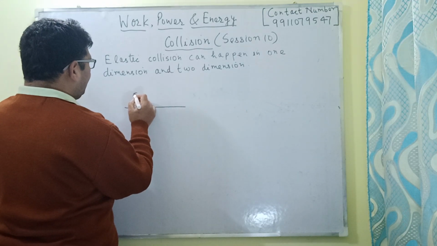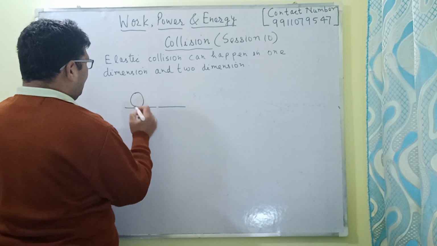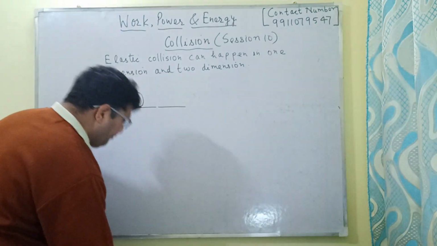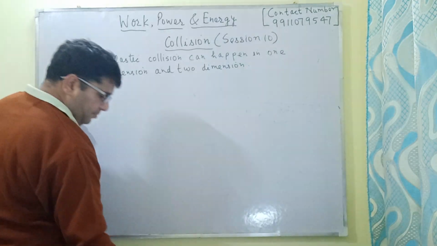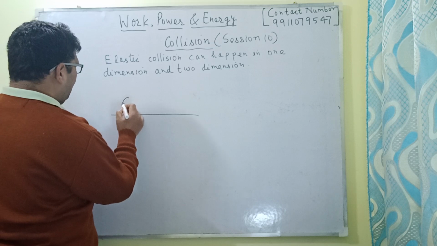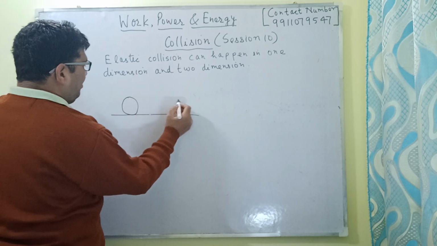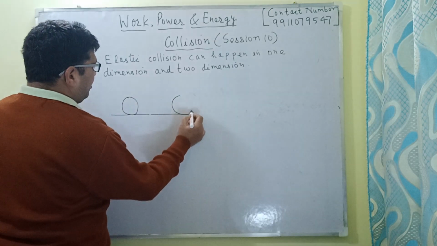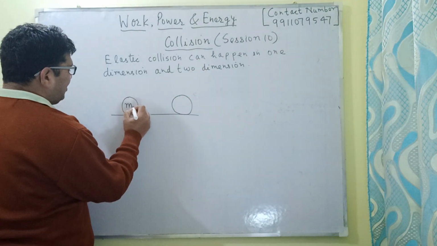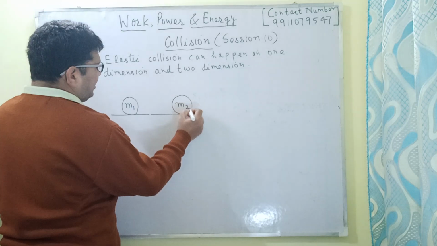Let us say there are two bodies here which are lying on a horizontal surface. This is one body and this is the other body. Let us say the mass of this body is m1 and the mass of this body is m2.